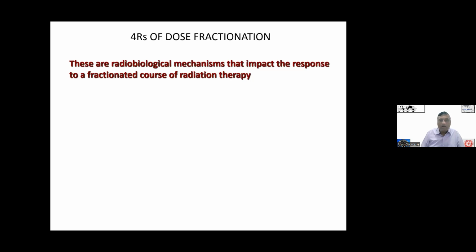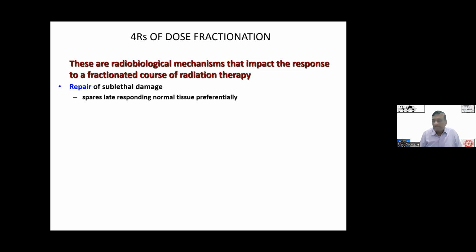Now, the 4 Rs of radiotherapy are very, very important. First, repair of sublethal damage. Once lethal damage has taken place, there is no possibility of any repair. But sublethal damage which has taken place in the normal tissue can be repaired if you give one fraction and then a gap of maybe 10 or 20 hours.